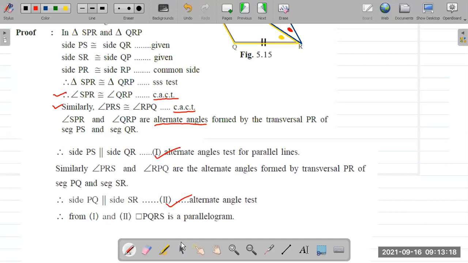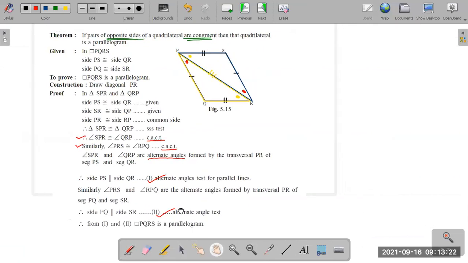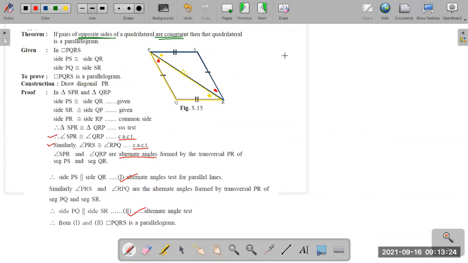So a quick recap of what we did on this proof. We started with two triangles, and then using three parts of the triangles, we said that the triangles are congruent to each other by SSS rule.